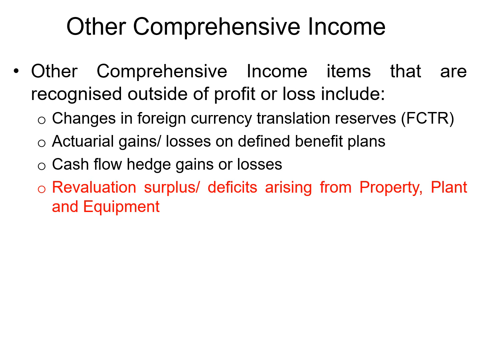So generally all items of income and expenditure that an organization earns or incurs are shown as part of profit or loss, with the exceptions that we had before being foreign currency translation reserves, actuarial gains or losses on defined benefit plans, and cash flow hedge gains or losses where these existed and they were deemed to be effective.